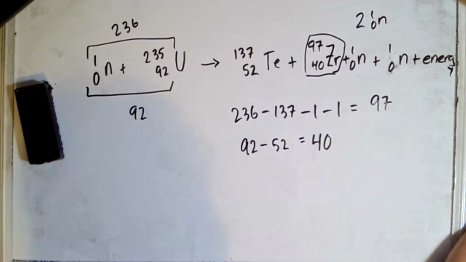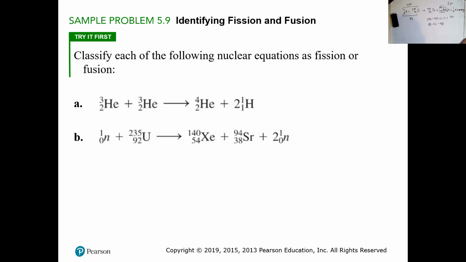All right, let's look at one more question here. This is asking us to look at these two reactions and differentiate them, fission versus fusion. Just remember that fusion is combining and fission is splitting apart.